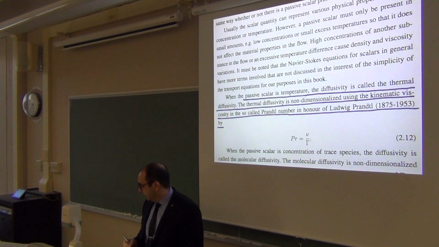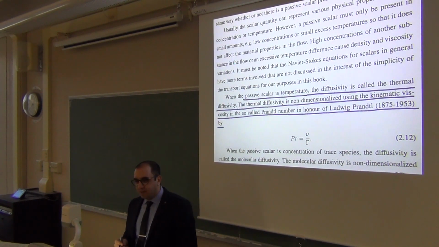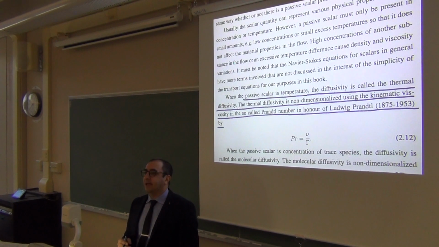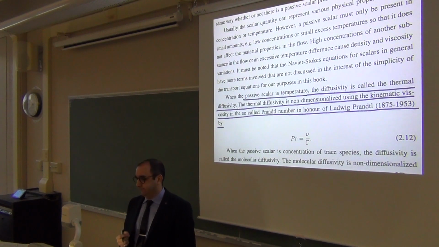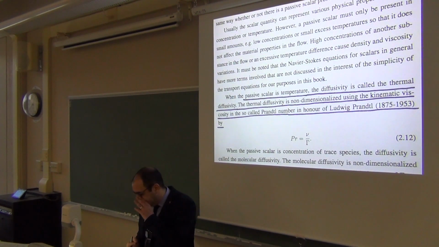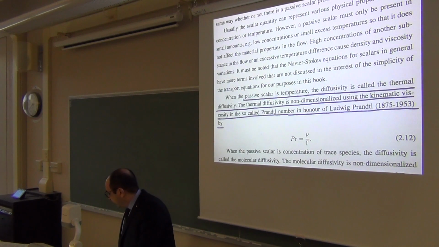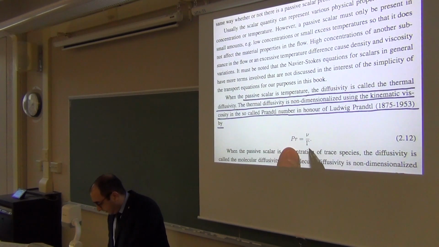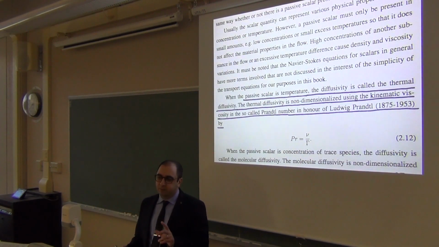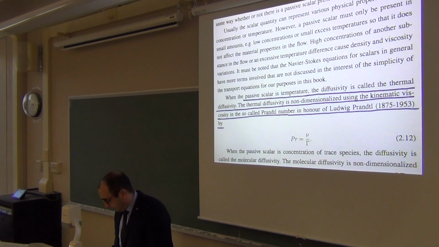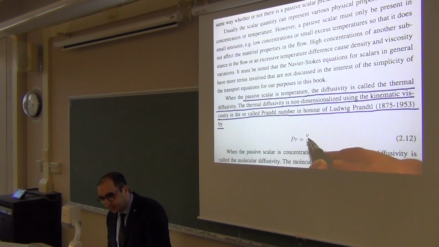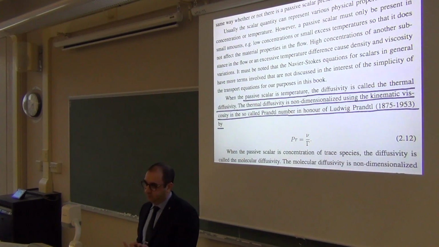He said that the way momentum and heat diffuse in the fluid domain are not totally independent, they're related. And he expressed the relationship as such. So basically, the ratio of the two is some number for a given flow, the Prandtl number. So if you divide kinematic viscosity by heat diffusivity, you get this number.